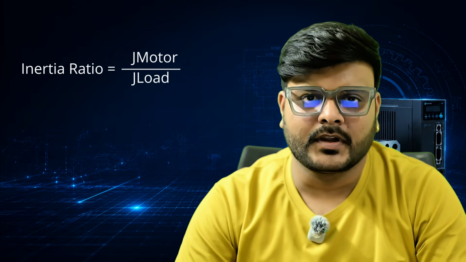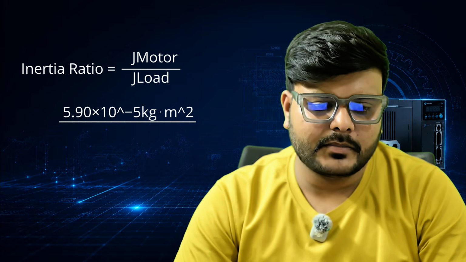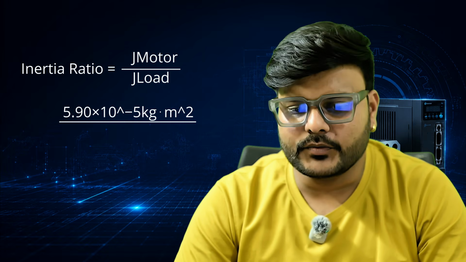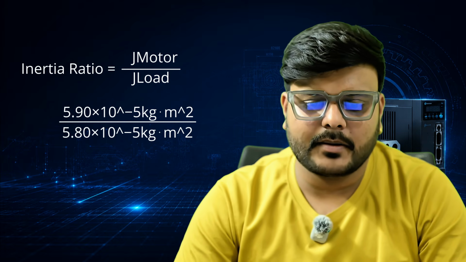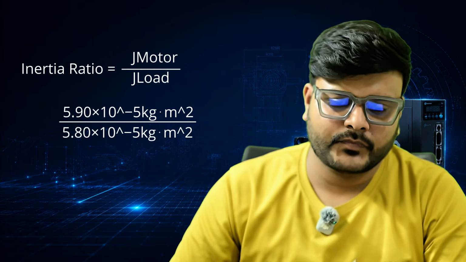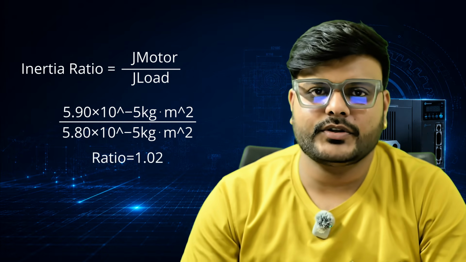To calculate inertia ratio, we need to divide the total inertia by the motor inertia. Our total inertia is 5.90 multiplied by 10 raised to minus 5 divided by 5.80 multiplied by 10 raised to minus 5. So we get a ratio of 1.02. As per the Panasonic catalog, the maximum limit is 30:1.